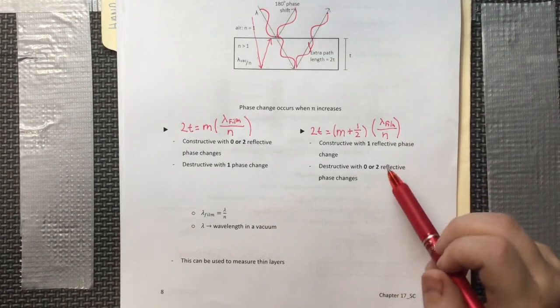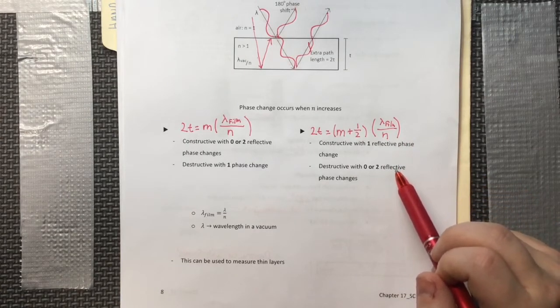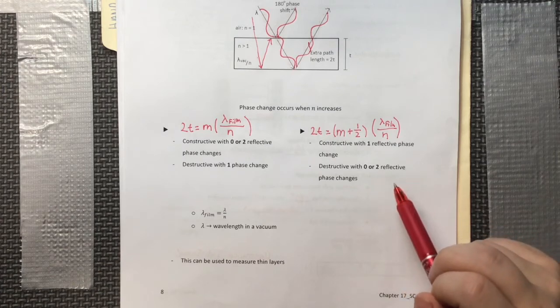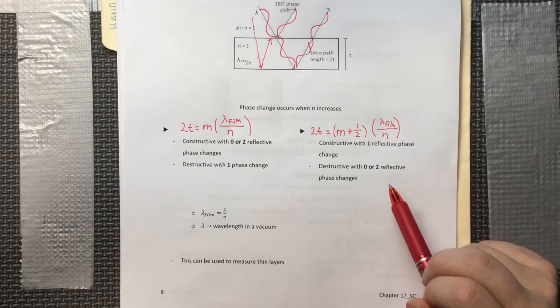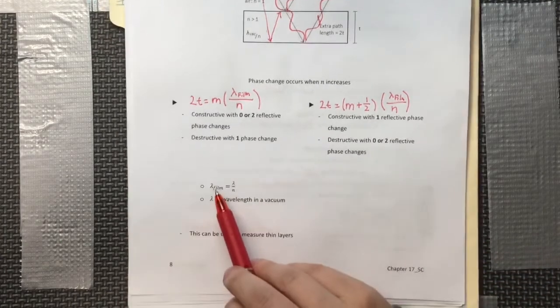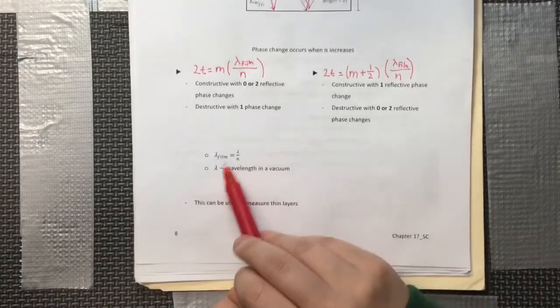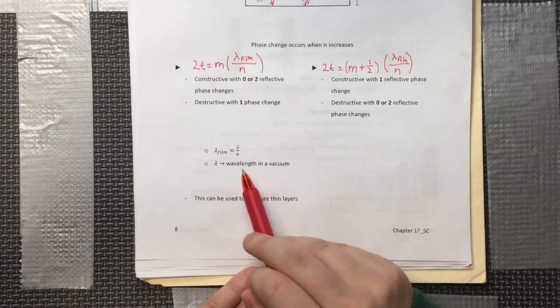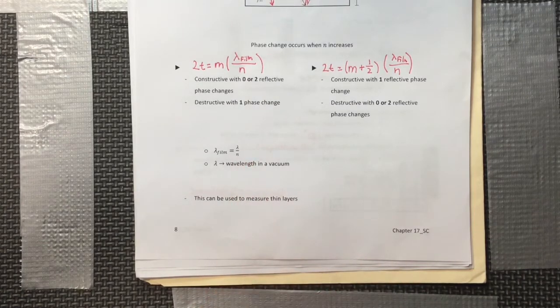If this doesn't seem to have a whole lot of context now, we'll do an example on the next page that will show you how the questions would be asked, and that should clear it up a bit. Bear in mind that the wavelength of the film, lambda film, is equal to the wavelength in the vacuum divided by the index of refraction.